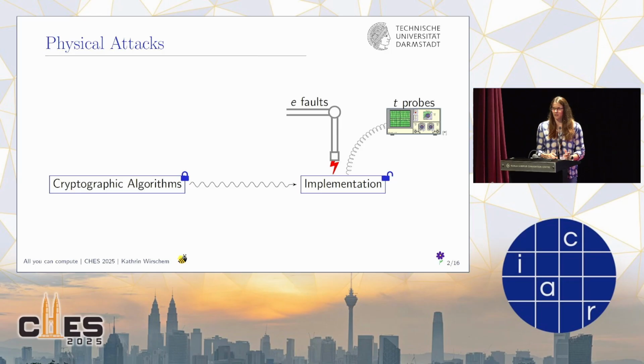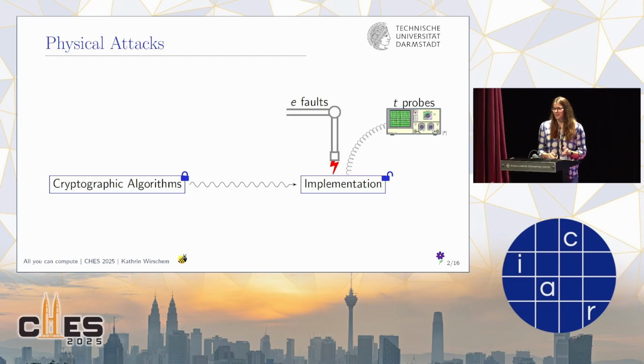We also consider the threshold model, meaning that we allow the adversary to have up to t probes and e faults. In our model, it is also possible that the adversary learns something from the probes before he then faults. So he has somewhat of an advantage over an adversary that can just probe or just fault separately.